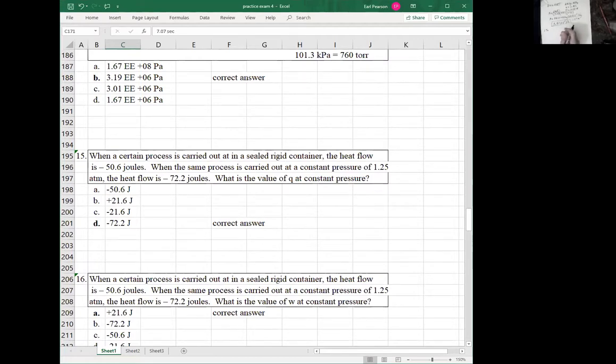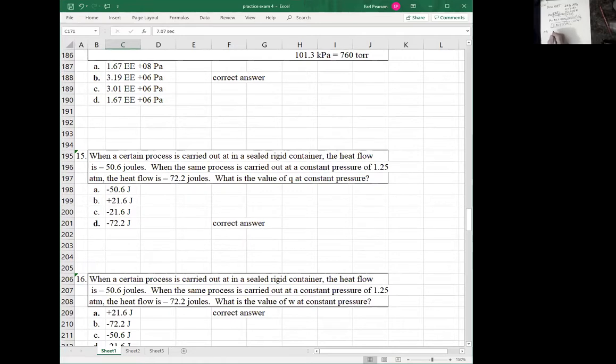All right. When a certain process is carried out in a sealed container, the heat flow is minus 50.6 joules. When the same process is carried out at a constant pressure of 1.25 atmospheres, the heat flow is this. What's the value of Q at constant pressure? Okay.